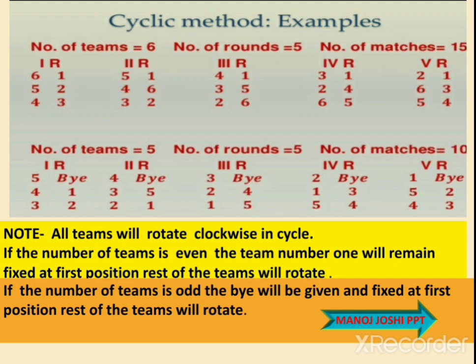So n is 5, n minus 1 equals 4, 5 times 4 is 20 divided by 2. So 10 matches. The number of matches is calculated by the formula we discussed in the previous slide. n times n minus 1 upon 2 is the formula for all league matches.